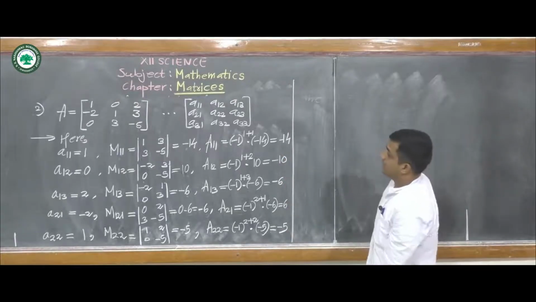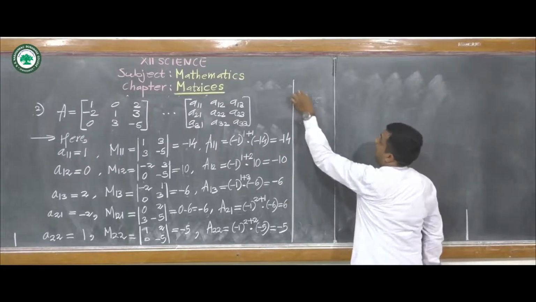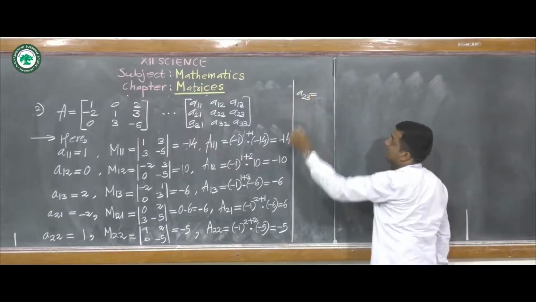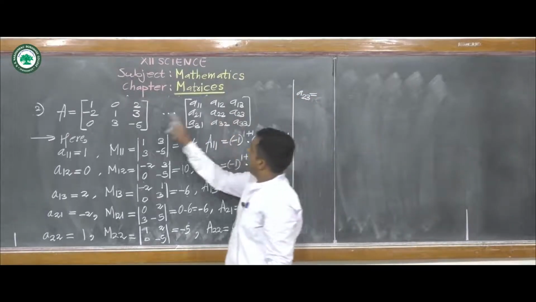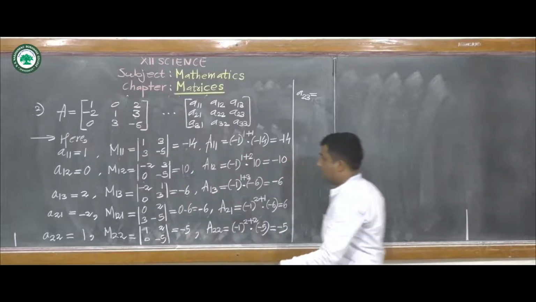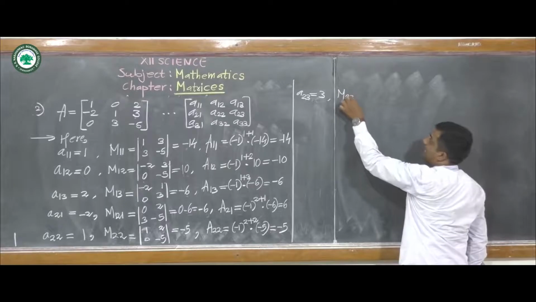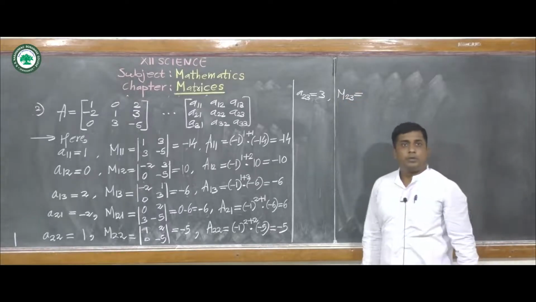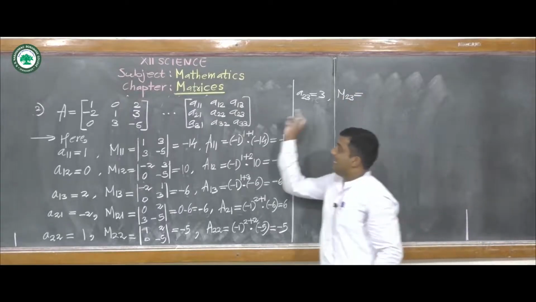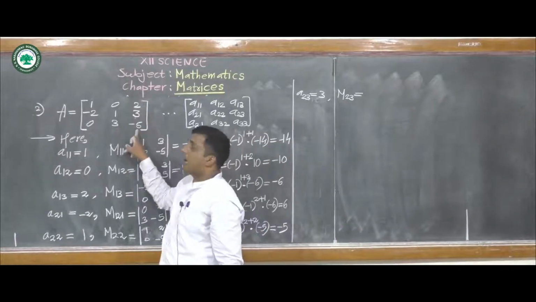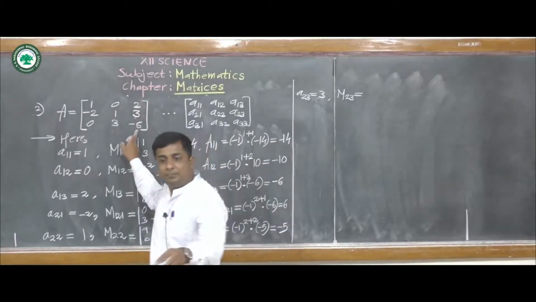Next, given A23 is equal to 3, its minor M23 is in the second row and the last column, that is the third column.